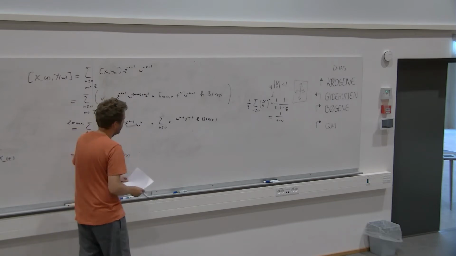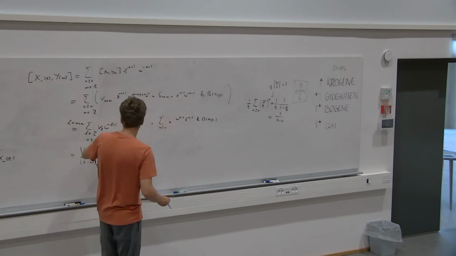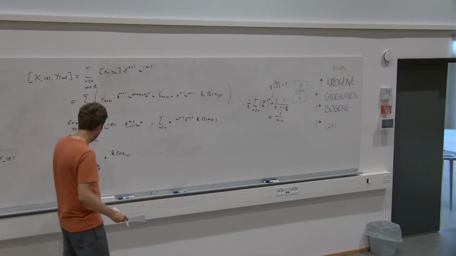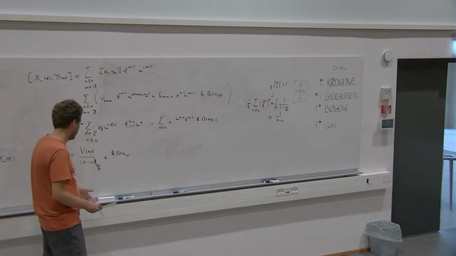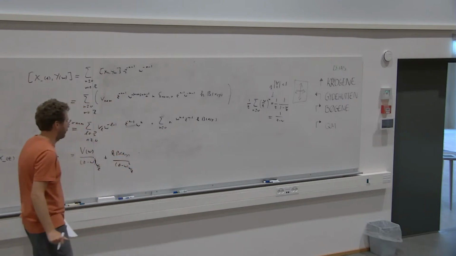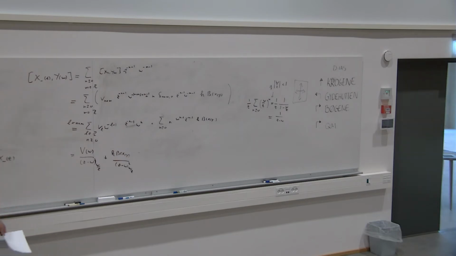Well, this sum is just the derivative with respect to W of this sum. So that means the derivative with respect to W I can just take, and so what is this? It's Z minus W squared, the expansion of this in the region where W over Z is again less than 1.